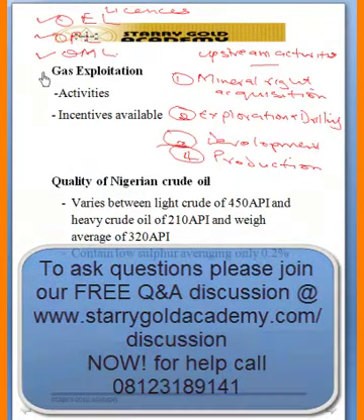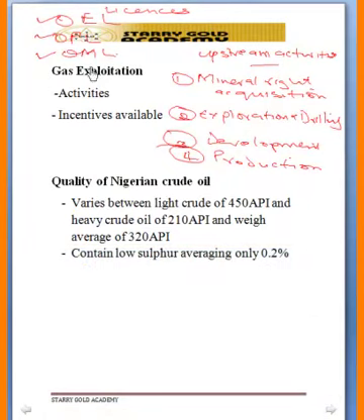Another part of the industry is gas exploration. So remember, we're talking about oil and gas. This should be exploration, not exploitation. What have we got to say about gas exploration?